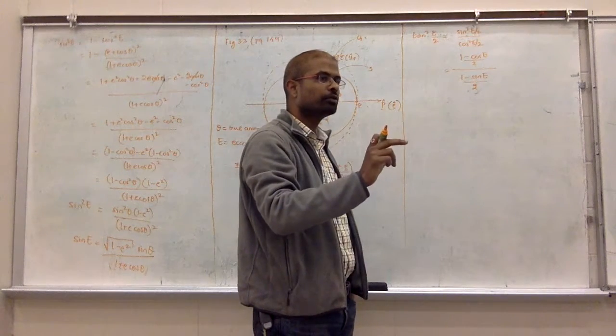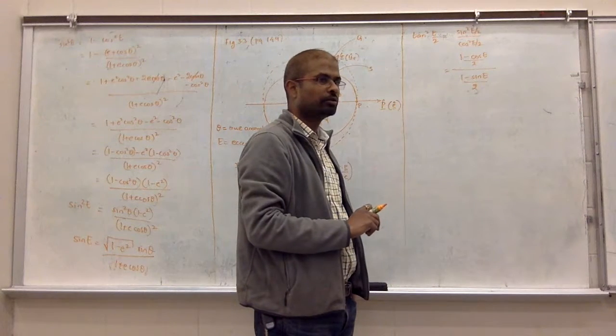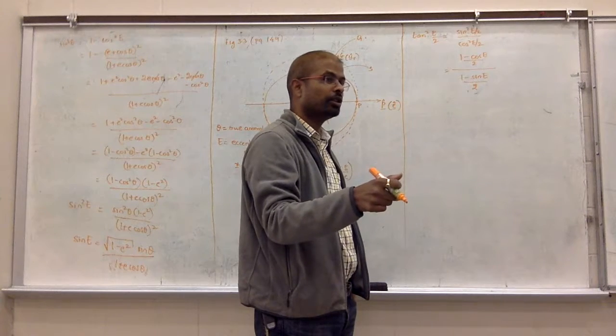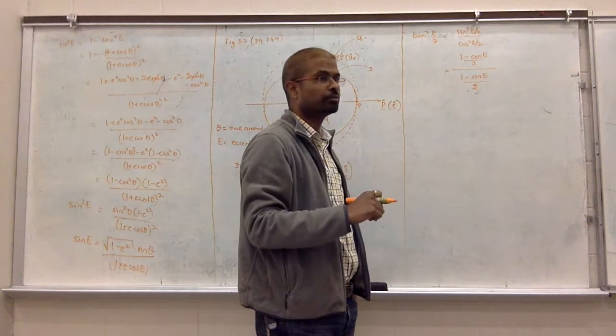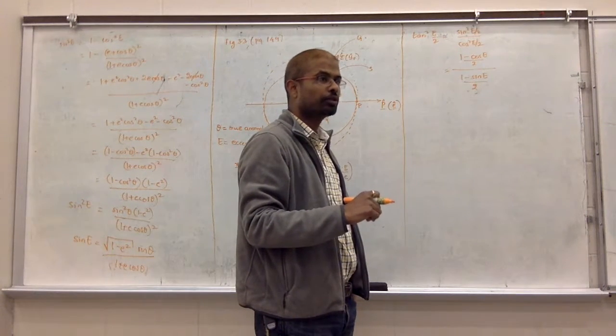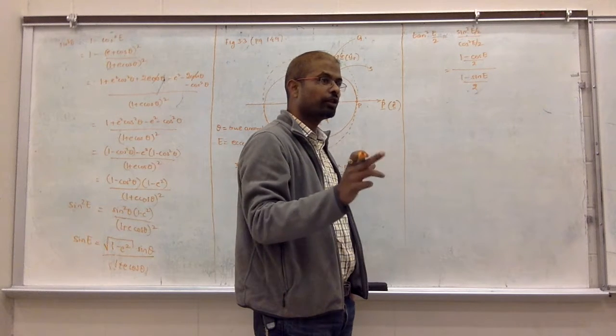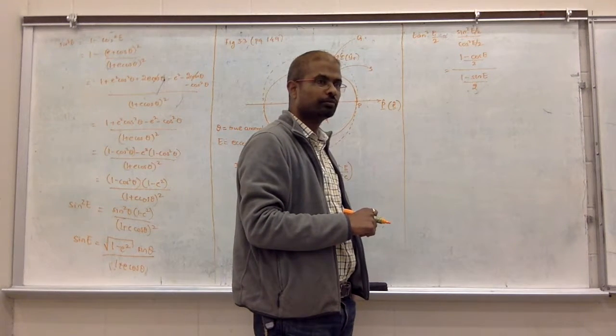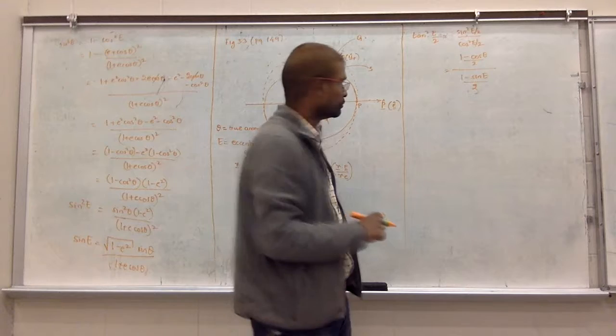We'll find the expression between the true anomaly and eccentric anomaly. And then we'll find the expression between eccentric anomaly and time. You understand? Then you can convert true anomaly to time. I gotta see it laid out. It's laid out.